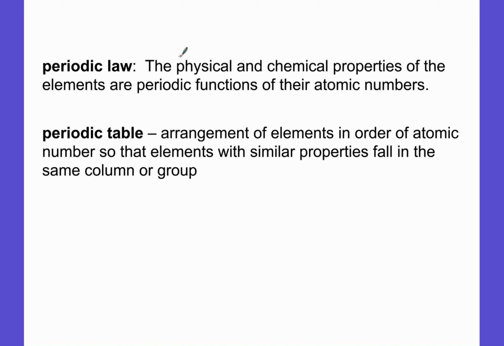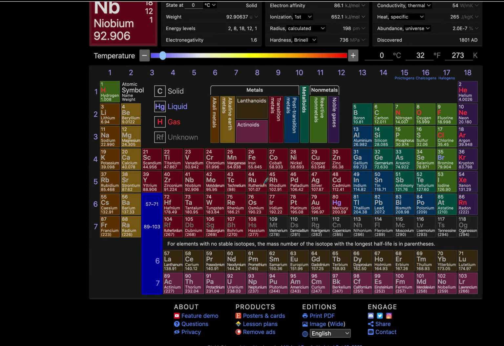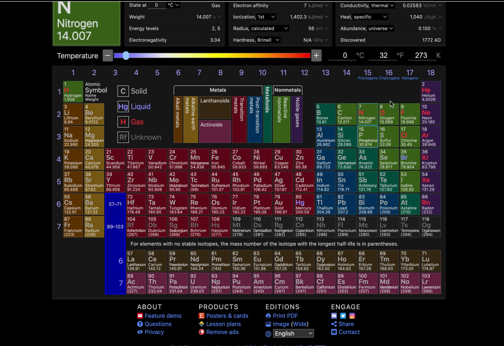In our periodic table, right, we made sure that things with similar properties fall in the same group or column. So if I look at a periodic table, everything in group 17, all of these halogens, have very, very similar properties, right? Obviously, noble gases, super similar. They're all very unreactive and stable, right?